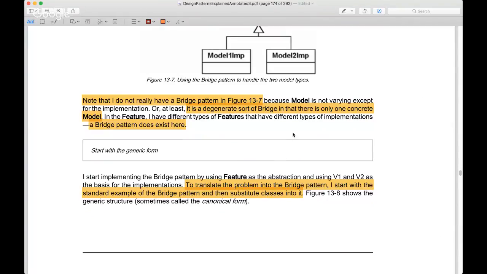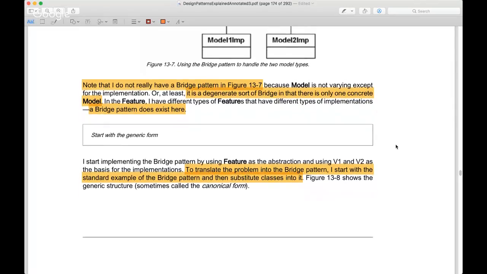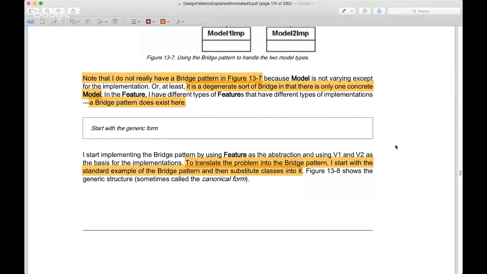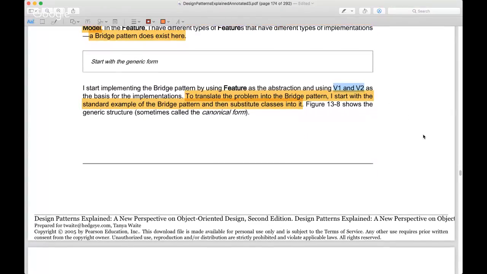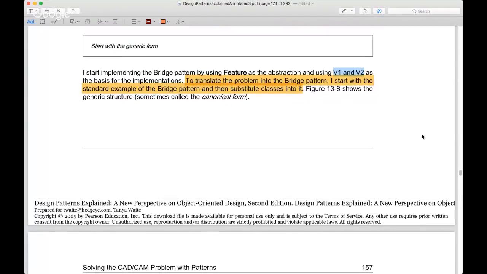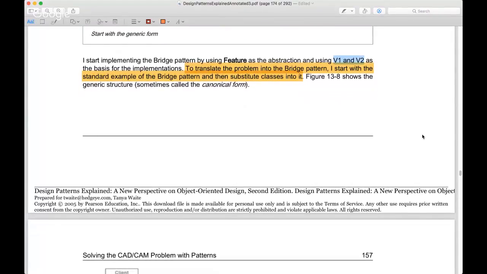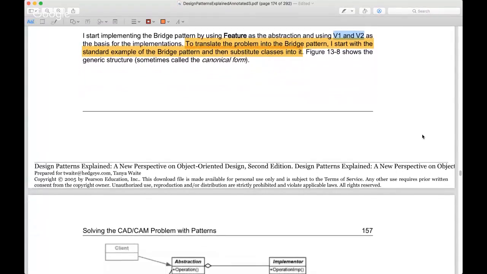So in the feature, I have different types of features that have different types of implementations. Then it does exist. So he starts implementing the bridge pattern by using feature as the abstraction in version 1 and 2 as the implementations. So to translate the problem, I start with a standard example of the bridge pattern and then substitute classes into it.